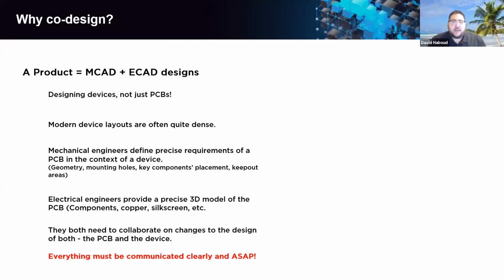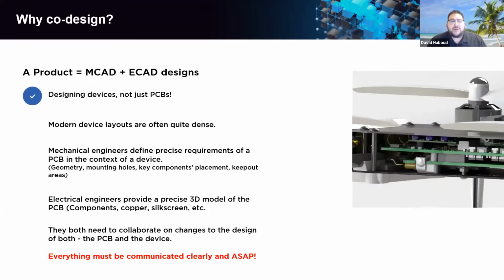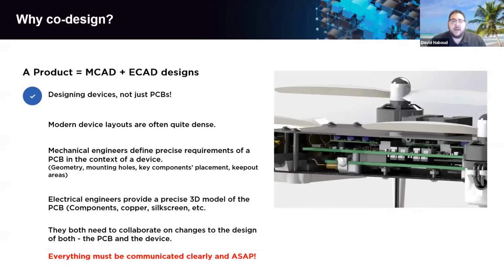So let's start off by talking about what CoDesign is. When we start talking about designing, a product itself is the combination of both the mechanical and electrical design. And when we start thinking about a product, we're not just designing the individual PCBs, we're designing devices. This here is a drone example that is included with every installation of Concord Pro.